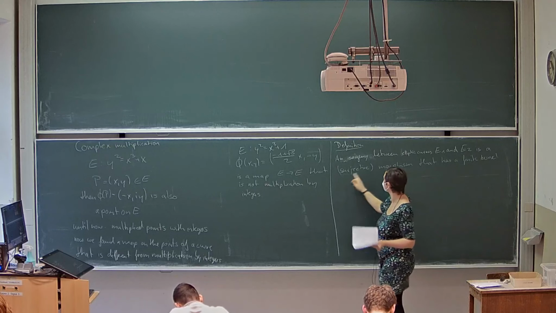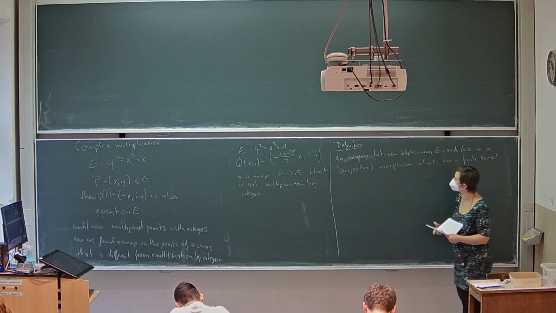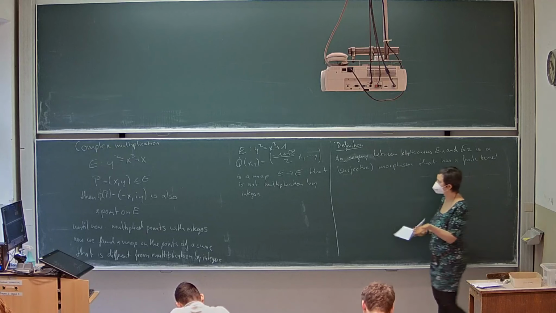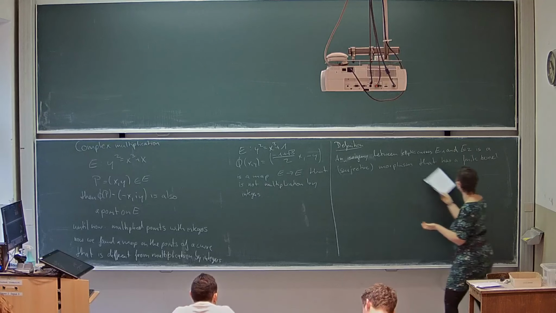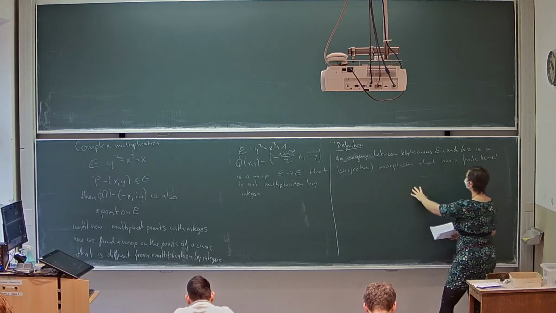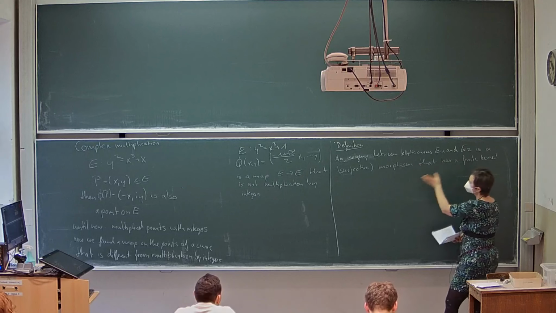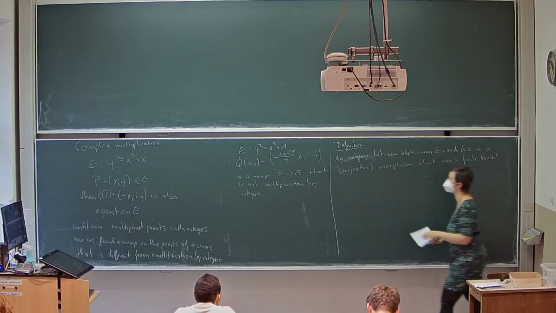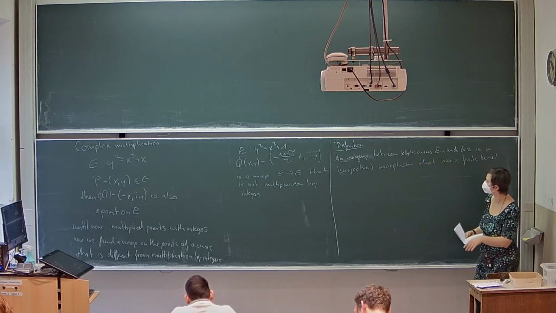And why I put surjective in parentheses: we can use algebraic geometry to show that this definition is already enough, because of this and because of the rational functions, this is always surjective.